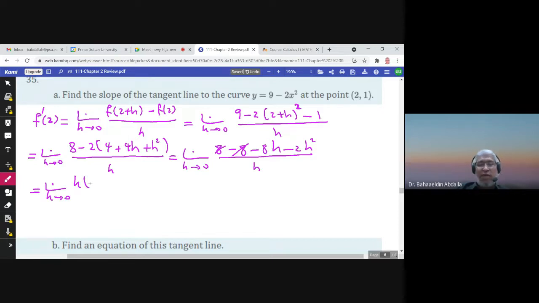So I have negative 8 minus 2h. I just took h as a common factor. Of course, you can take negative 2 if you like. Now h cancels with h. And when I replace h by 0, I get negative 8. So the slope of the tangent line is negative 8. This is m, the slope of the tangent line.